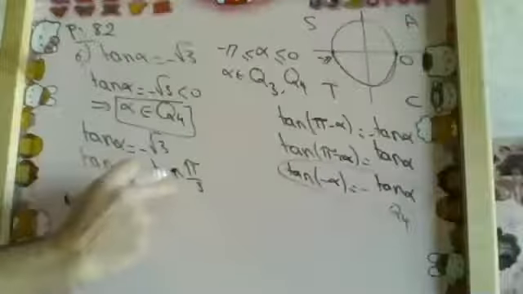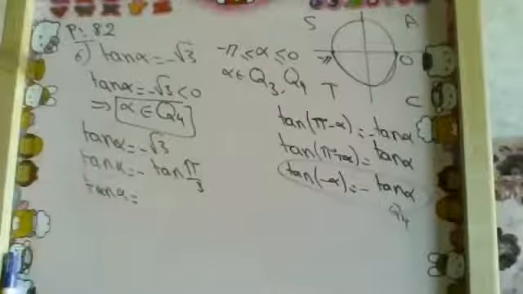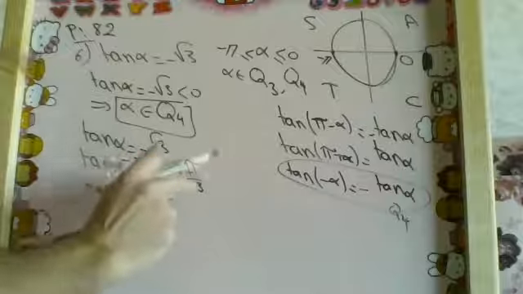The last one. So negative tangent alpha we replace by tangent of negative alpha, sorry, negative pi over 3.